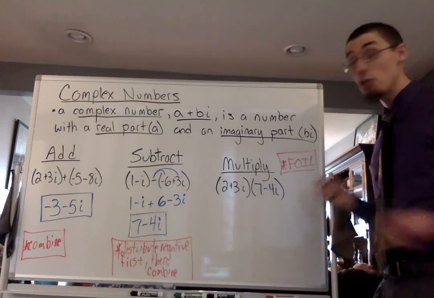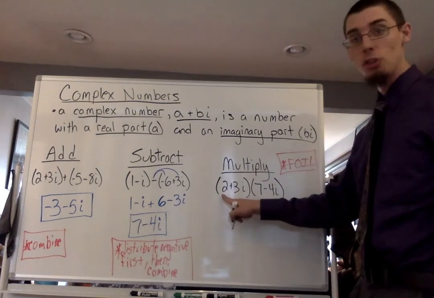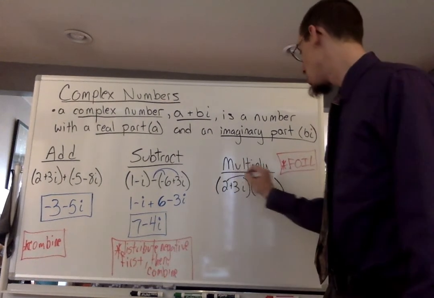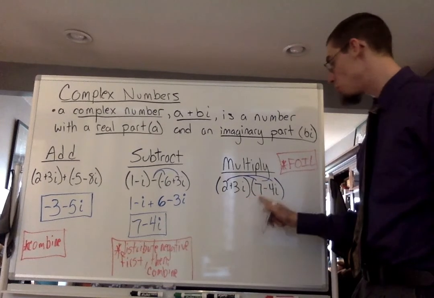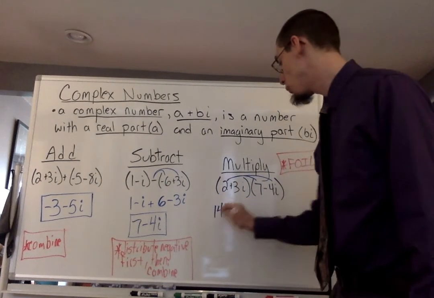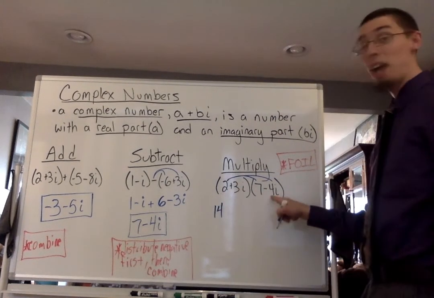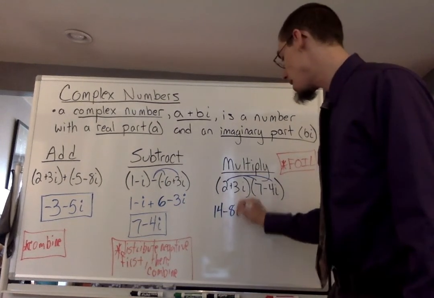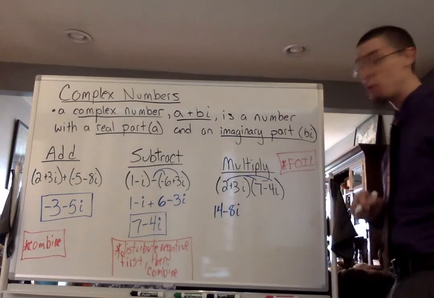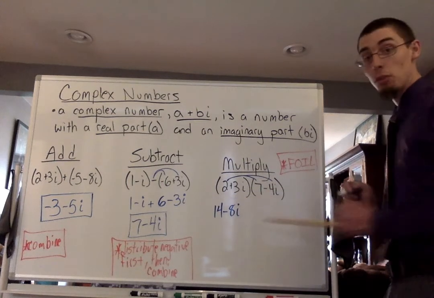The first thing you do is distribute this 2. So if I distribute the 2, 2 times 7 is 14. 2 times negative 4i is negative 8i. So that's distributing the 2.